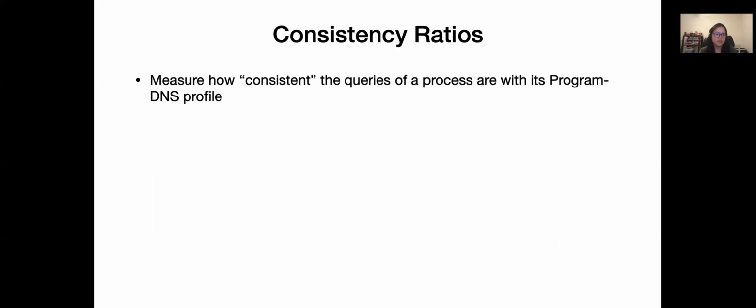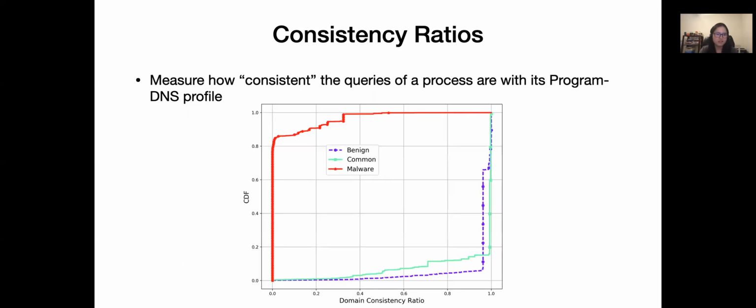The first group of metrics that we developed to quantify the Program-DNS profile is the consistency ratios. I won't go into the detailed definition here, but the purpose is to measure how consistent the queries of a process are with its Program-DNS profile. So this graph here shows the domain consistency ratio, which only considers the domain in the DNS query and nothing else. And we have the purple line here corresponding to the 455K benign processes.